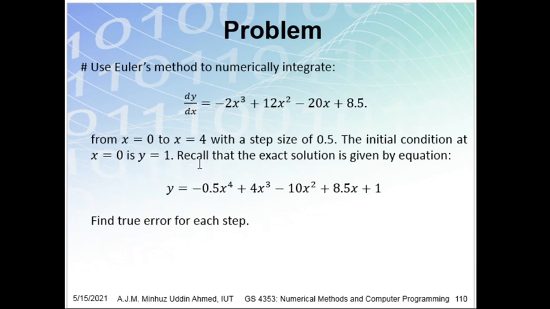So we'll use this to predict, using the Euler method, all the other points from x equals 0 to x equals 4, and we'll recall that the exact solution is given by this equation. This equation is given, so find the true error for each step.